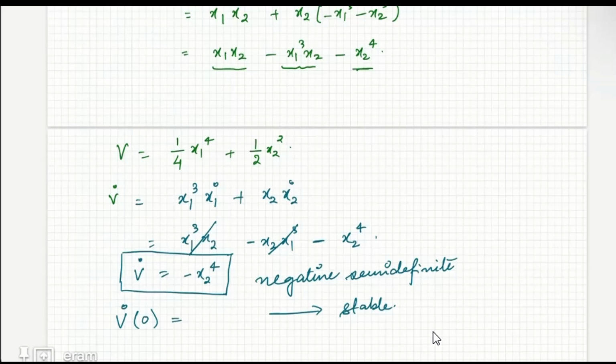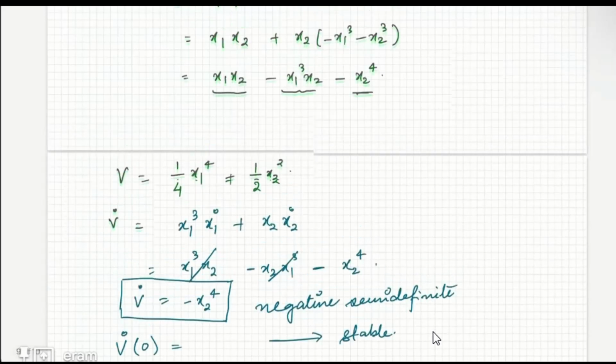Okay, for such cases when we have only partial information in the derivative of V, meaning we cannot tell about the negative definiteness of the derivative of the Lyapunov function, there is another principle called the invariance principle, and that will be considered in the future lectures.